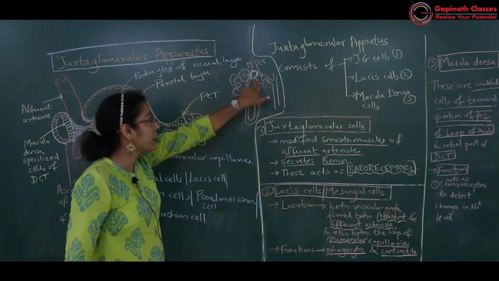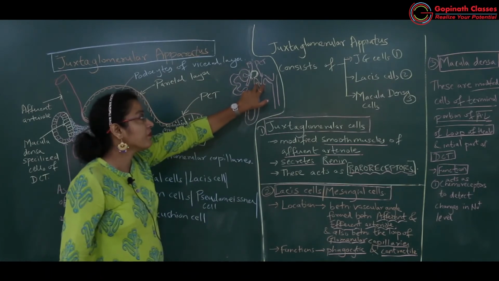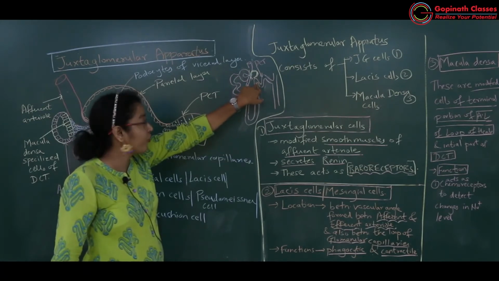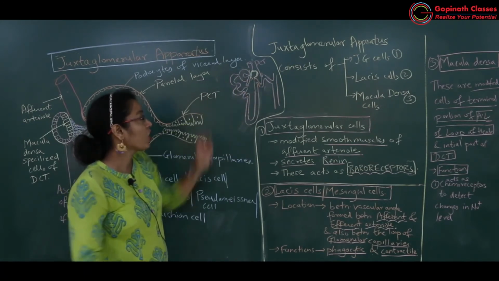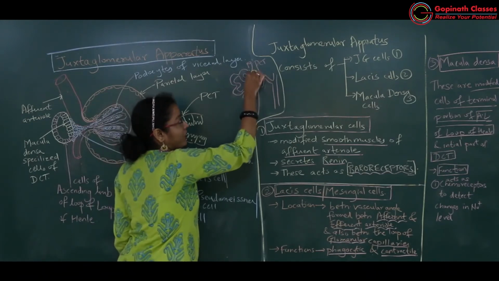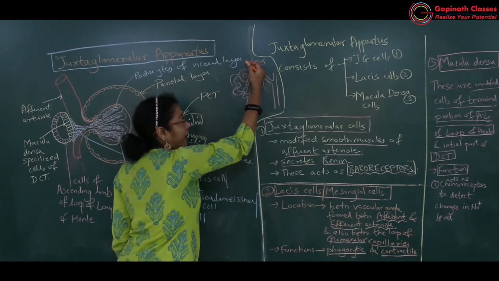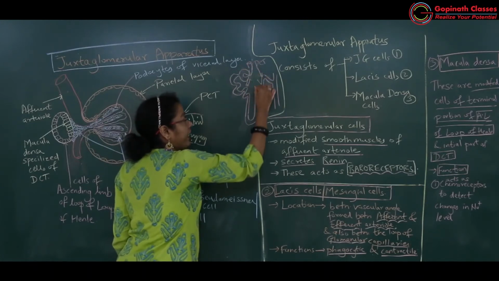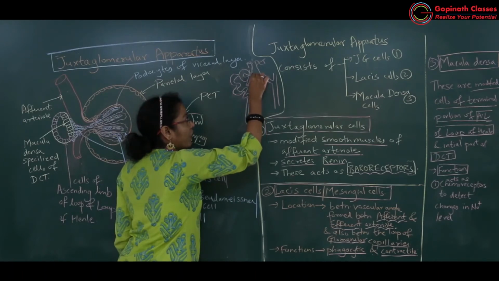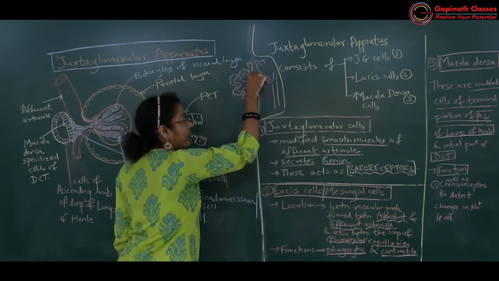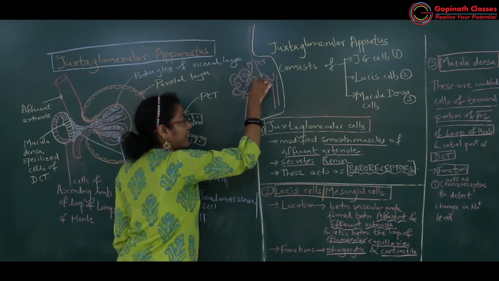So some part of the DCT and some part of the ascending limb of the loop of Henle is in contact with the afferent arteriole. Look, this is the afferent arteriole, and the ascending limb extends a little here into the DCT.